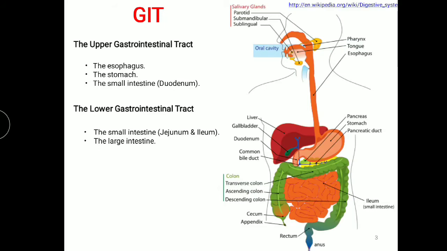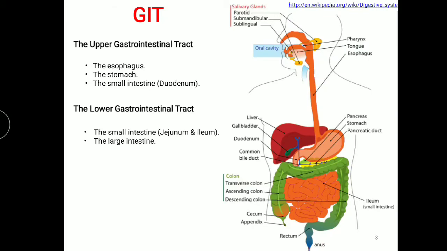Here, the digestive enzymes from the pancreas and the gallbladder mix together. The enzymes break down the protein and carbohydrates, whereas the bile emulsifies the fat into micelles.